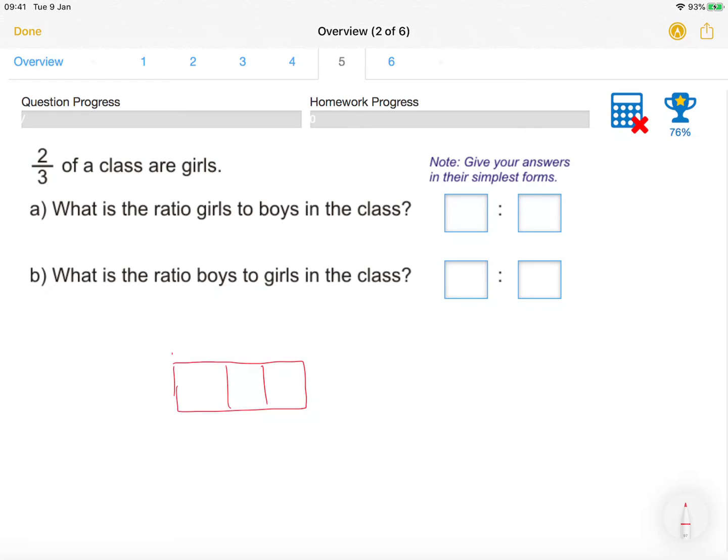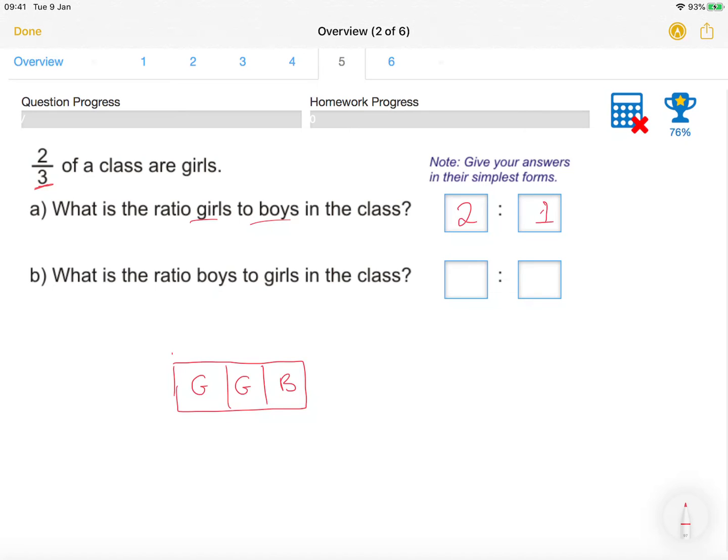It might be that there's more than 3, but we know that I can use that denominator to say how many in total there might be. And then 2 of them are girls. Then the other one is left to be a boy because it's a ratio of girls to boys. So I can see that there, for every 2 girls, there's 1 boy.